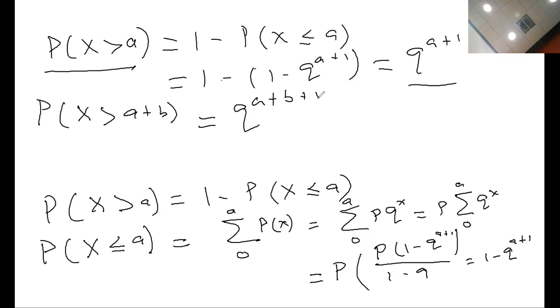Okay. Is it a one-to-one function? We can divert here a little bit. It will be one-to-one if f of a equals f of b implies a equals b. F of a is q a plus 1. F of b is q b plus 1. Does it imply a equals b?